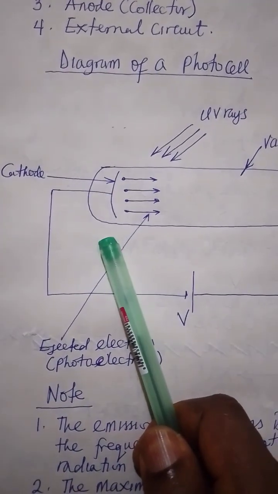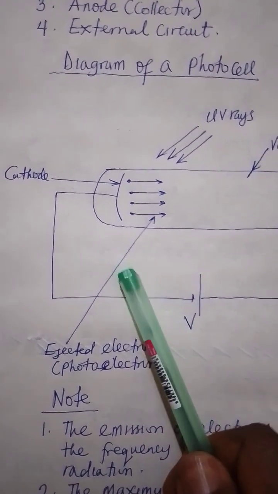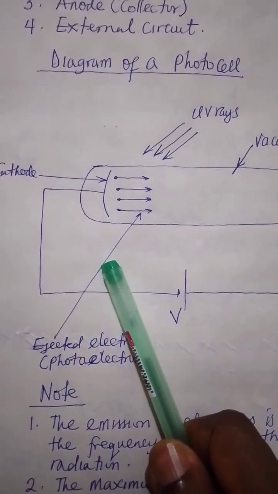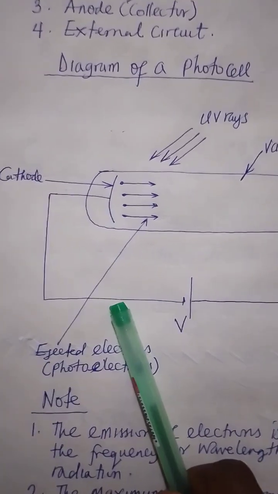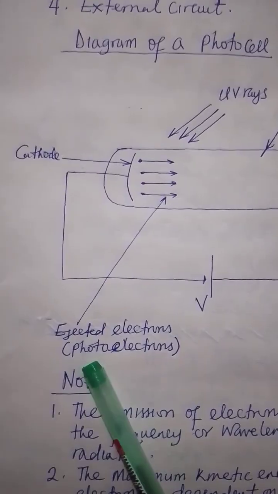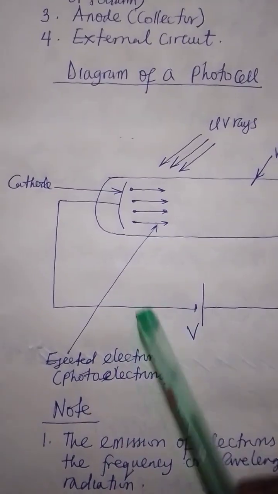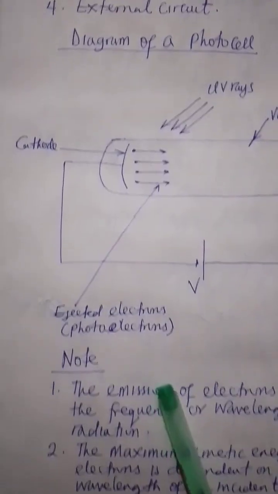Remember, the cathode is the photosensitive part of the photocell, usually made up of potassium, sodium, or cesium. And then we have the ejected electrons, that is the photoelectrons, when the cathode absorbs the UV rays.